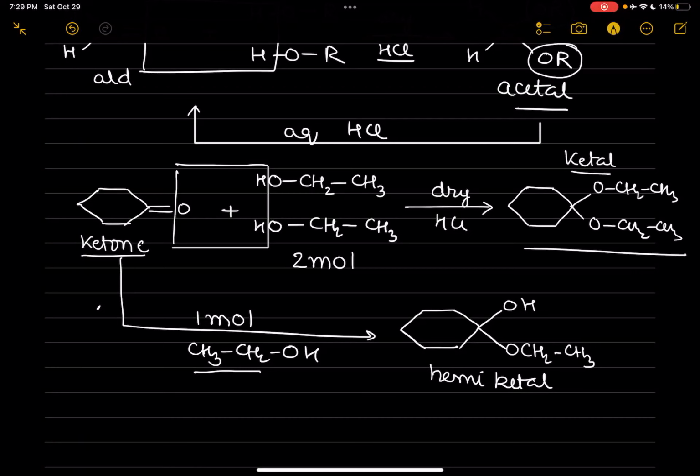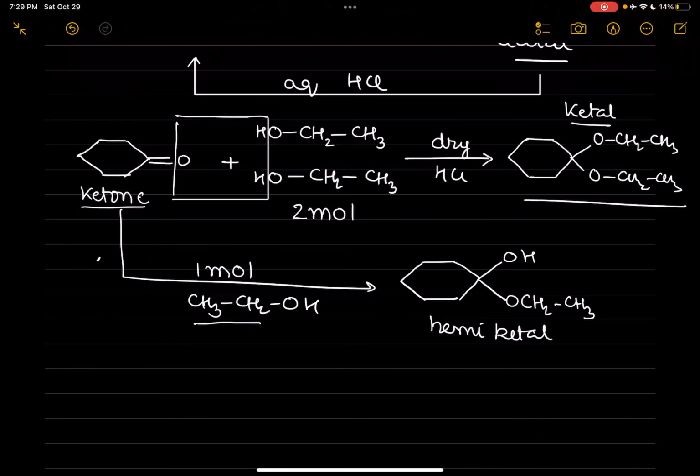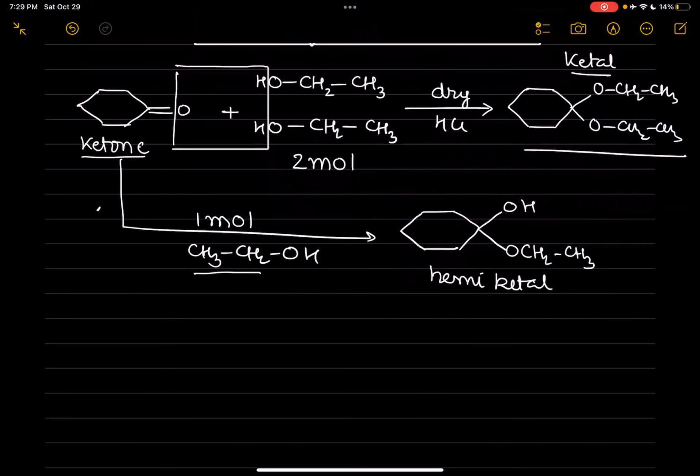This is ketal and this is hemiketal. And you can get your cyclohexanone back. How can you get them back? Just put dilute HCl. This will hydrolyze. Dilute HCl will break this again, and water will get removed, and you will again get your ketone back.